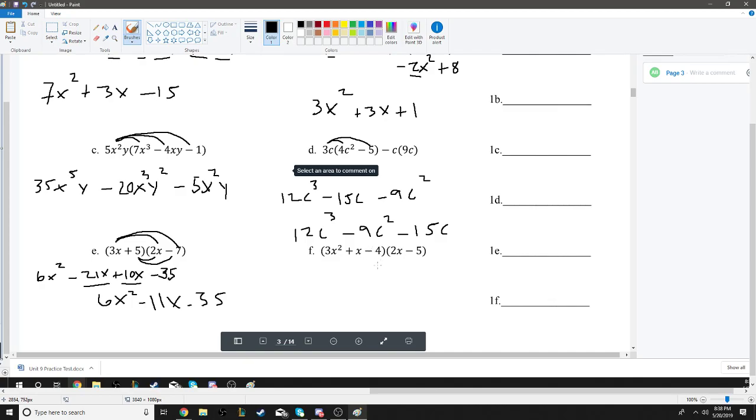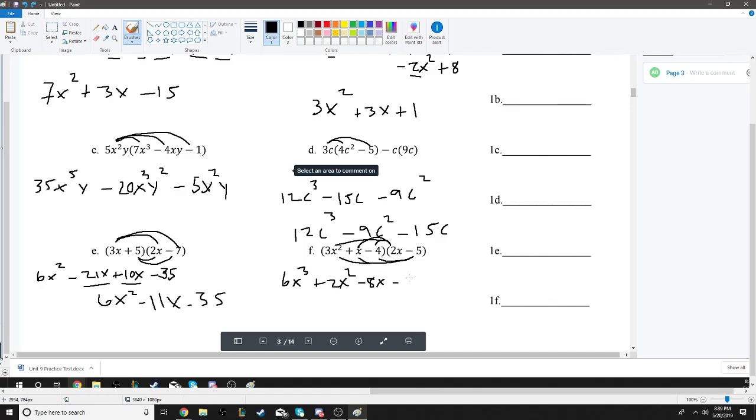Okay. We're going to call this triple distribution. First, we're going to distribute the 2x to all of these guys over here. So 2 times 3 makes that 6x to the third power. 2x times x, that's going to be a 2x squared. 2x times 4 is a negative 8x. Now we're going to move the negative 5 through each of them. Negative 5 times 3 is negative 15.